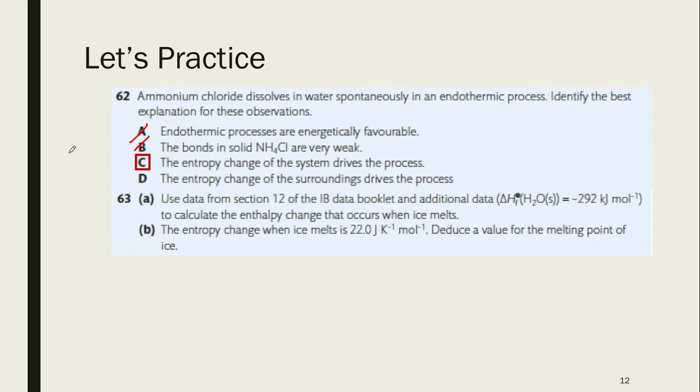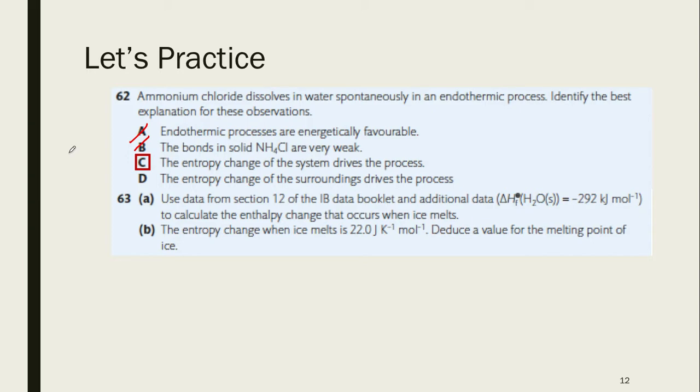Okay, let's look at number 63, a two-part question. In letter A, we want to use data from section 12 of the IB data booklet and additional data. So we have the enthalpy change of formation for solid water, and we want to calculate the enthalpy change that occurs when ice melts.